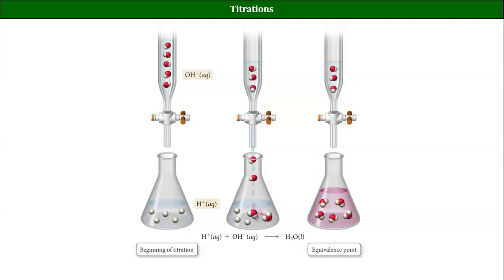So if we had say hydrochloric acid, an unknown concentration of hydrochloric acid, and we're adding sodium hydroxide to it, what are the products going to be for this? H2O and NaCl.